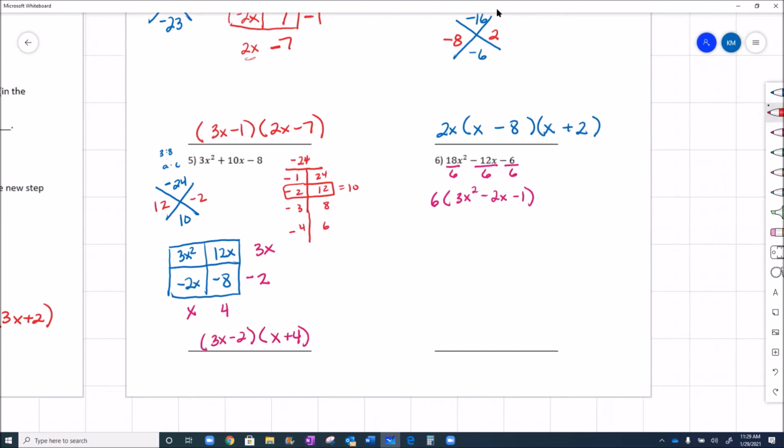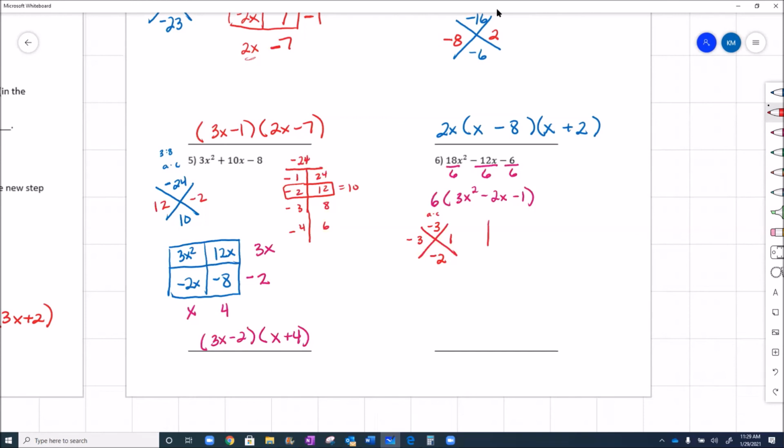So our x box method, we're still dealing with just inside this parentheses now, two numbers that multiply to give us 3 times negative 1, negative 3, and add to give us negative 2. Signs are different. Bigger number is negative: negative 3, positive 1.